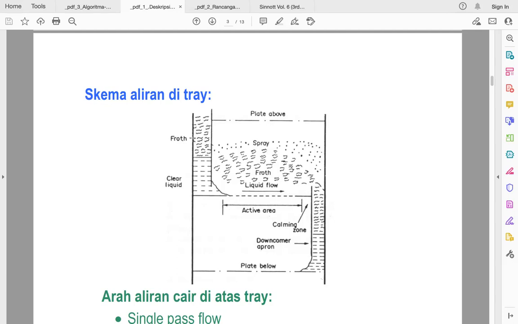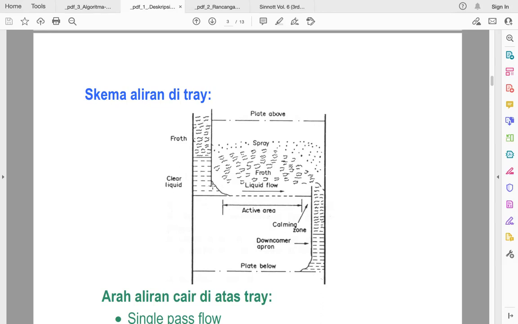So the contact between the vapor and the liquid will cause a froth, berbusa-busa. If you think about the bubbles or busa, that one there, it is actually some sort of contact between the liquid and the vapor there.